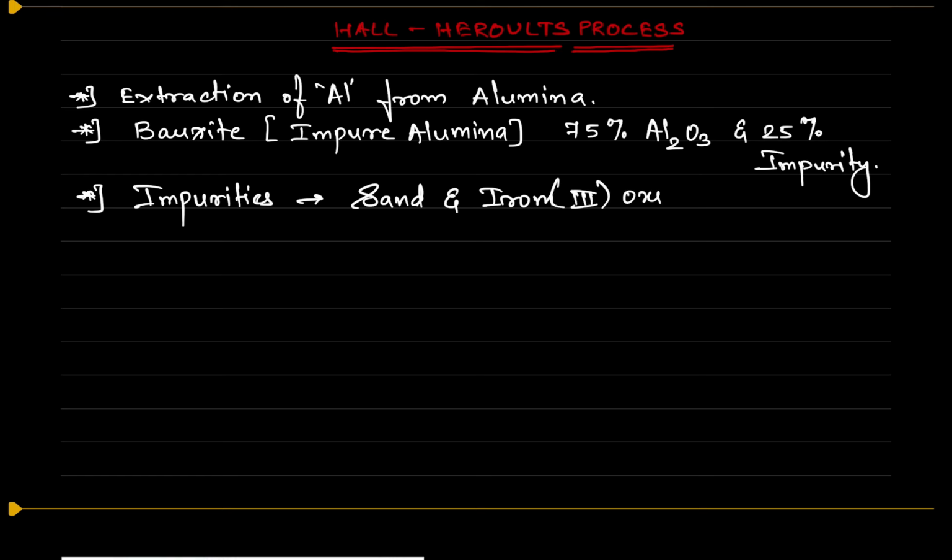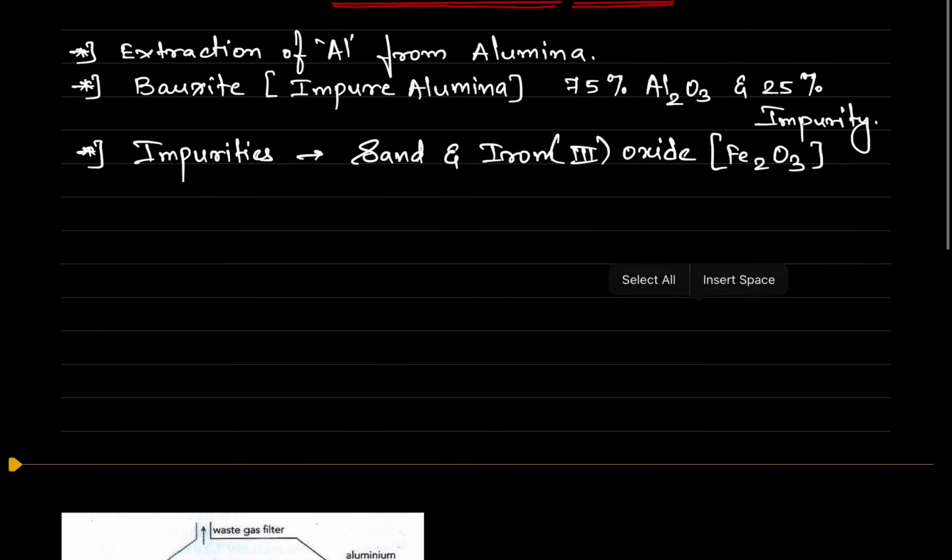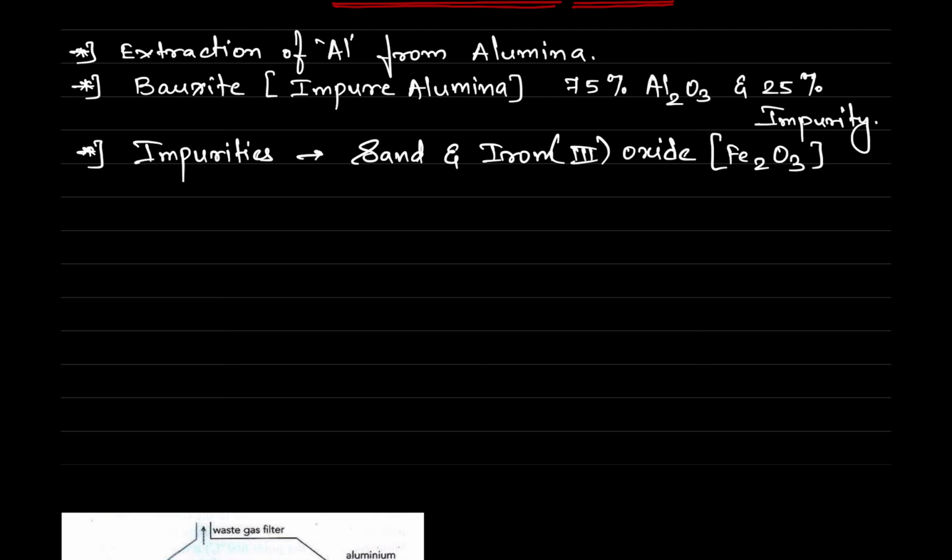Iron 3 oxide is nothing but Fe2O3. Okay, so these are the major impurities present, and they take up around 25% of the entire bauxite that you are using.